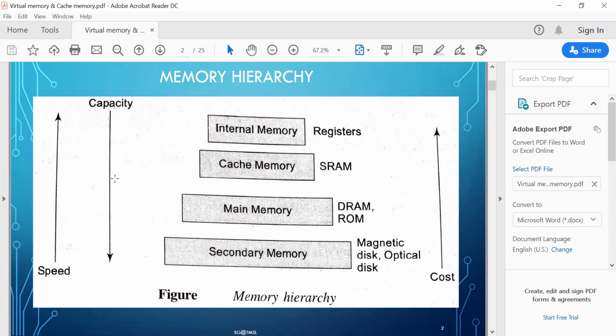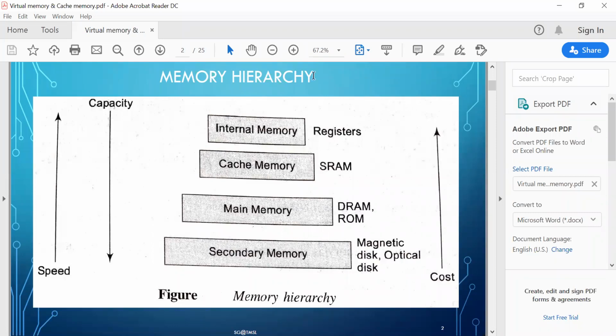According to these three arrows, the speed of secondary memories, for example magnetic disk, optical disk, hard drive, is much slower compared to other memories, whereas the capacity to store information within secondary memory is the highest. And due to the slower speed, the cost is minimized here.